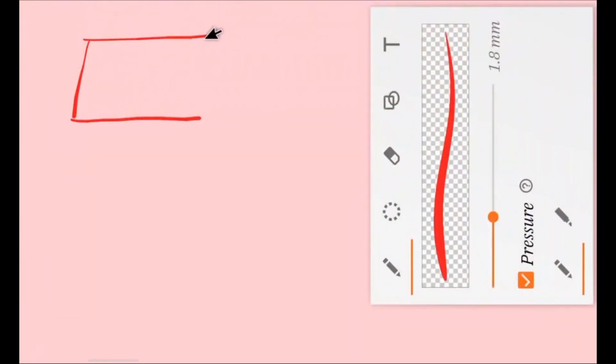Now in a parallelogram, if all sides are equal, this side equal to this side, and this is parallel to this, and this one is parallel to this one, then these diagonals bisect each other and are also perpendicular.